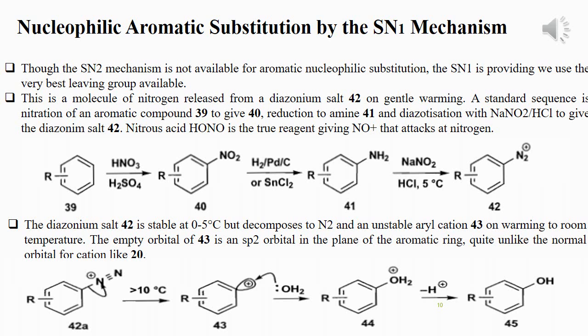A nucleophile will approach, and 43 will be converted into 44 after the attachment of that nucleophile. Then a proton will be removed and 45 will be formed after the nucleophilic substitution.